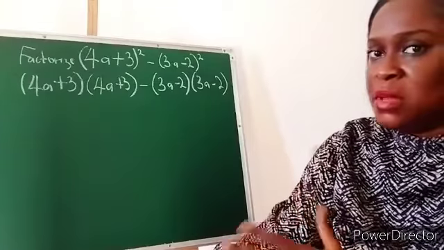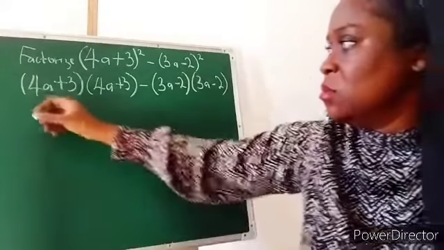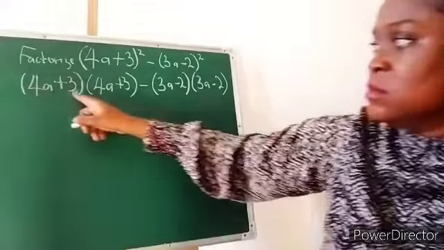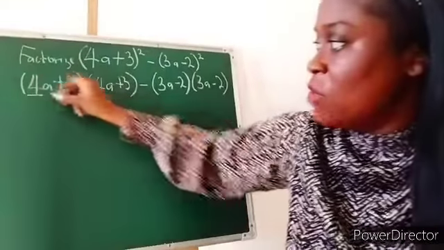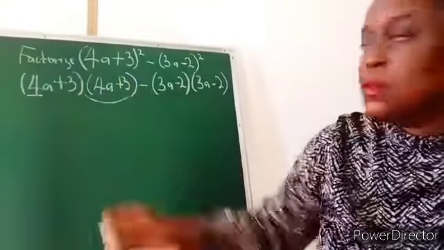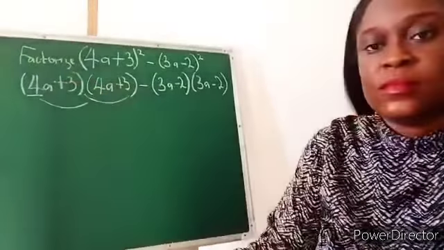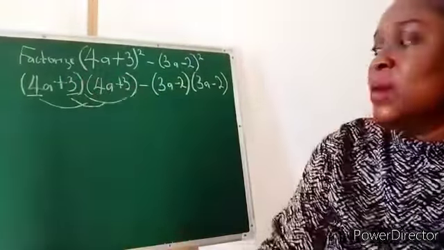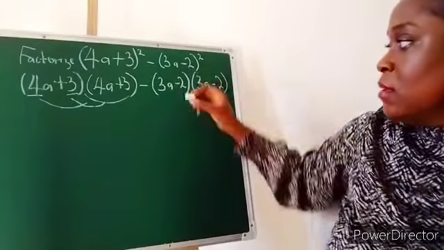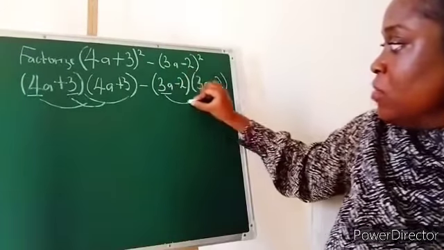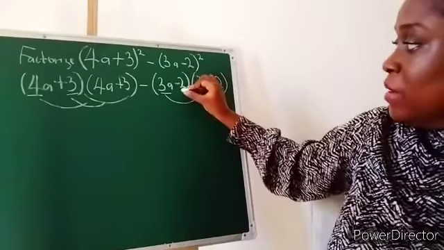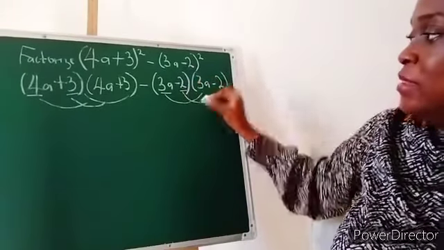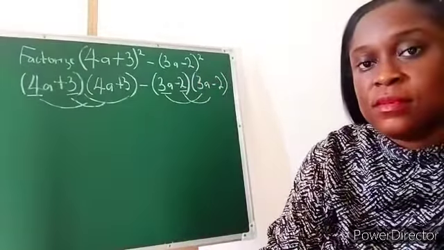This first 4a we go multiply am by this bracket. Do you understand? This 3 now we go still multiply am by the same bracket. Same thing here, 3a we go multiply by this bracket. Then this minus 2 we multiply am by this bracket.